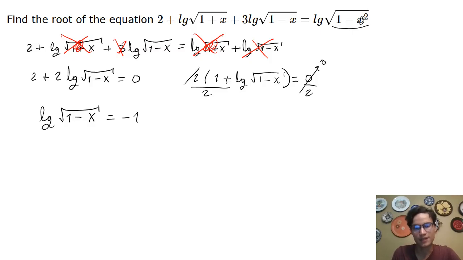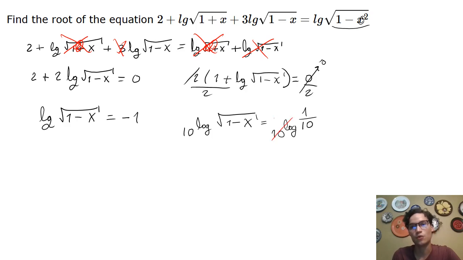So with base 10, we have 10 raised to the logarithm of the square root of 1 minus x must be equal to 10 to the logarithm of 1 over 10.